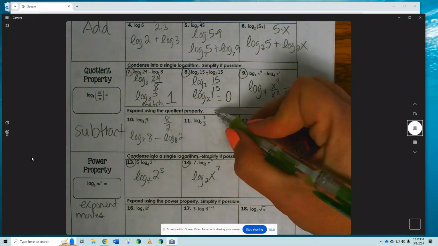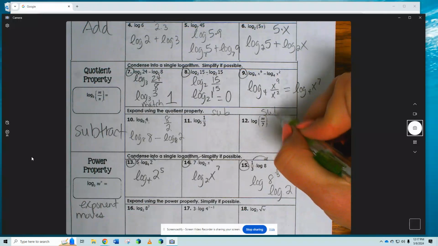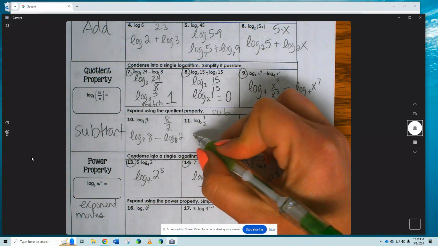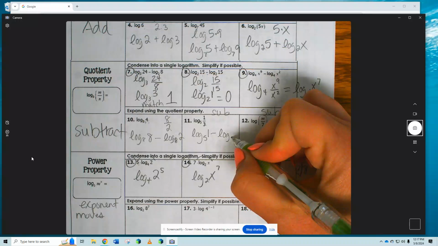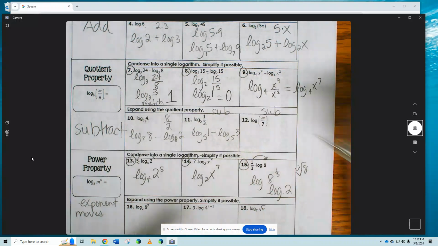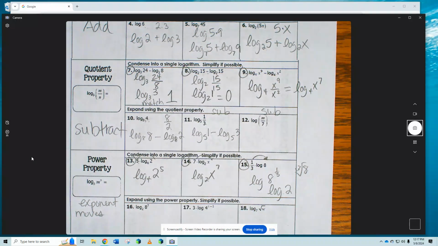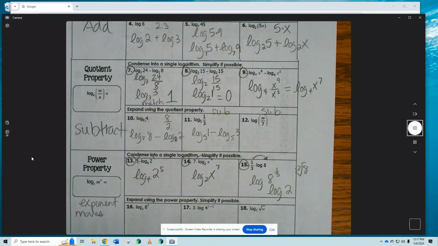Make it into a subtraction problem. 1 minus 3. Log base 5 of 1 minus log base 5 of 3. 1 minus 3. Fraction means subtract. Go ahead. Oh, I was just confused.